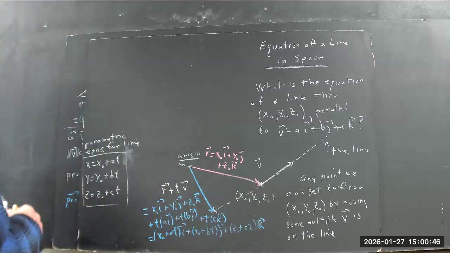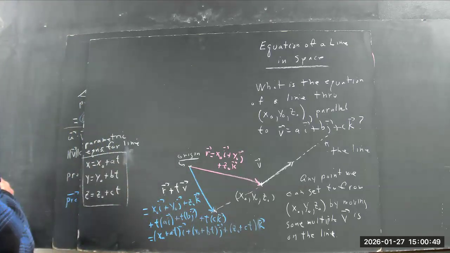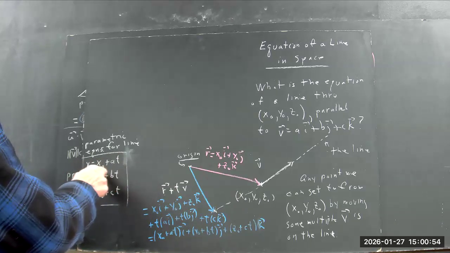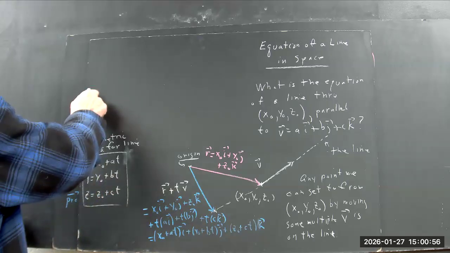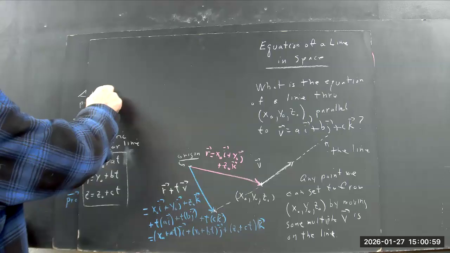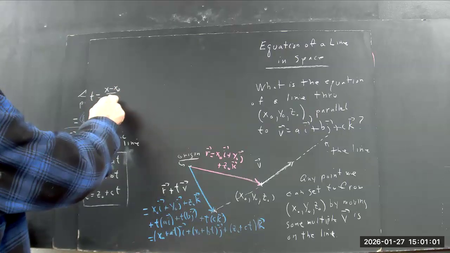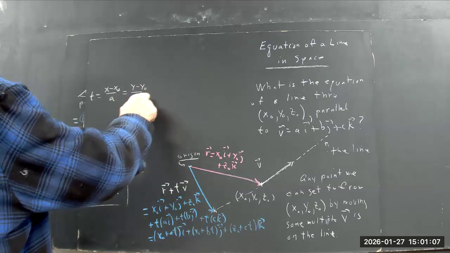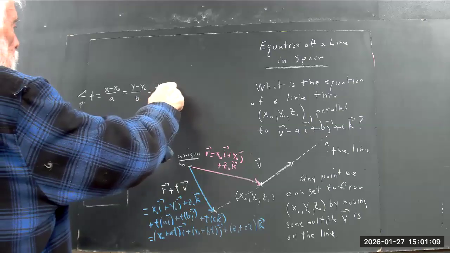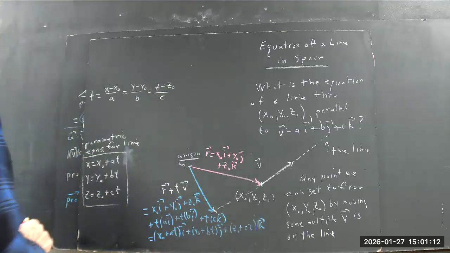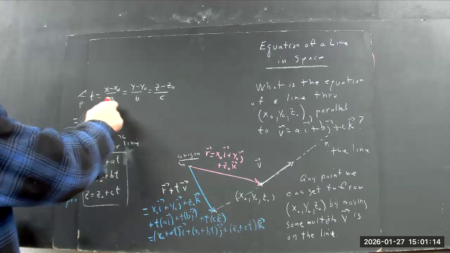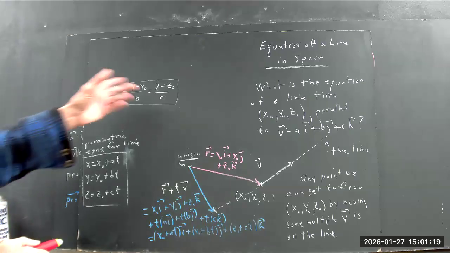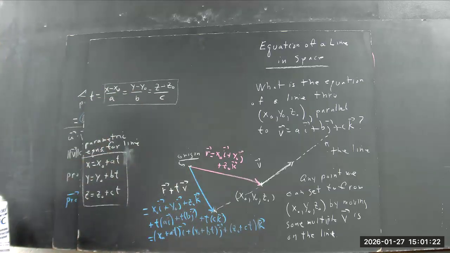Then you have the symmetric equations where you solve each of these for t. If you solve this for t, you subtract x naught, divide by a, and you're going to get t equals x minus x naught over a, which equals y minus y naught over b, which equals z minus z naught over c. You don't need the t equals, because this is going to be true no matter what letter you use for the parameter.